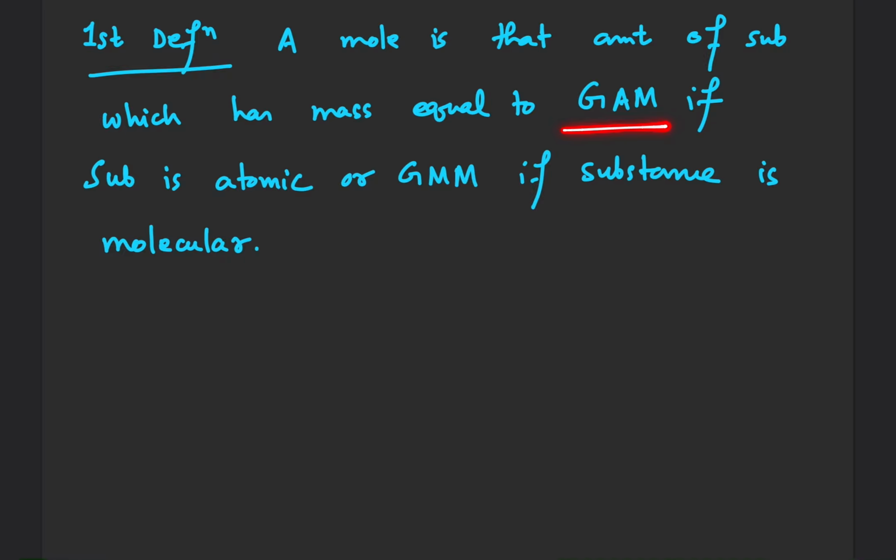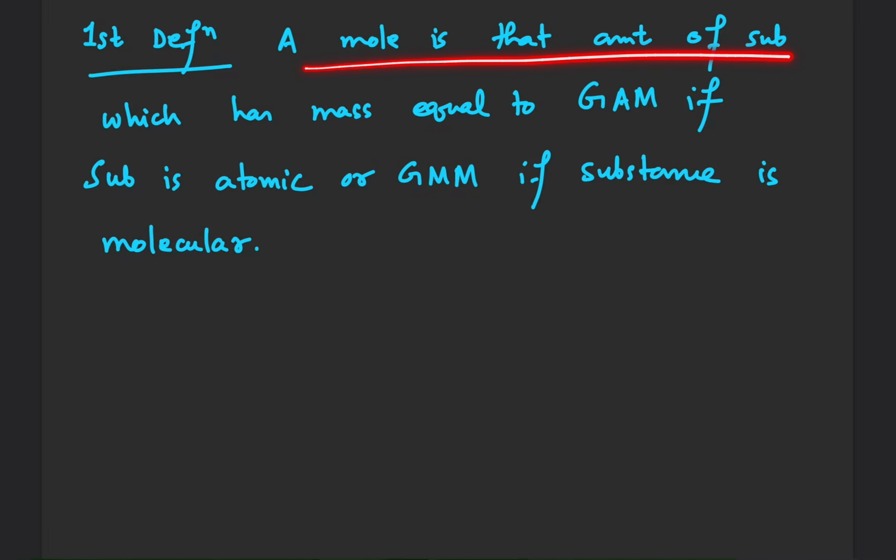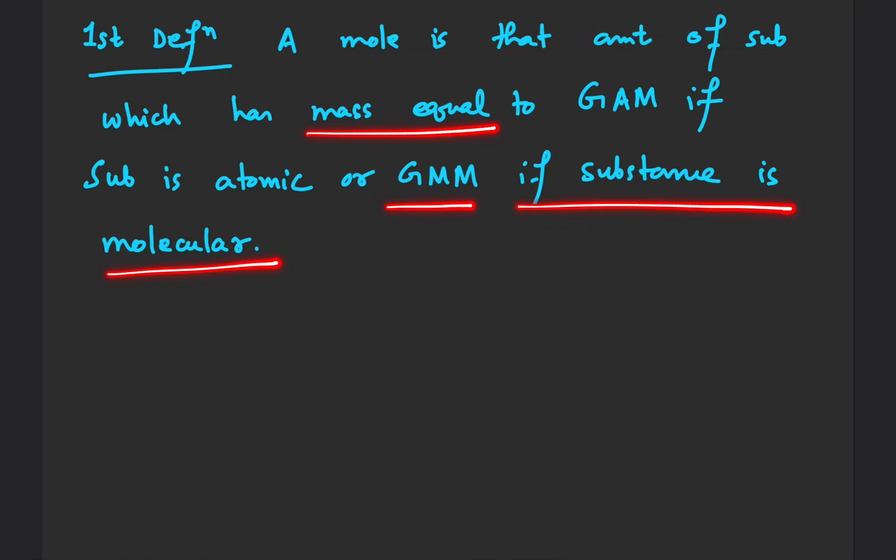Gram atomic mass is the atomic mass in grams. Gram molecular mass is the molecular mass in grams.